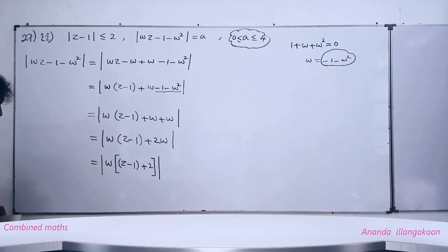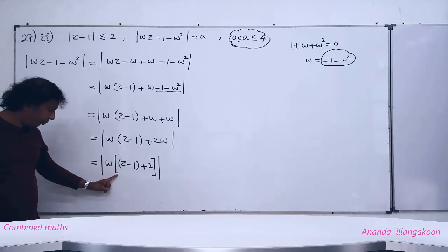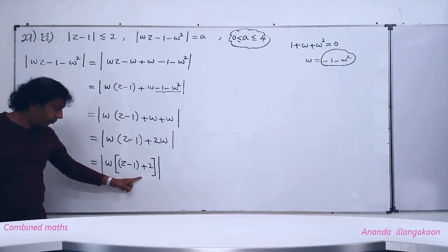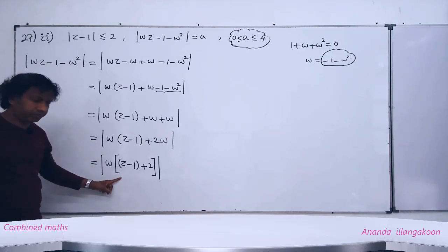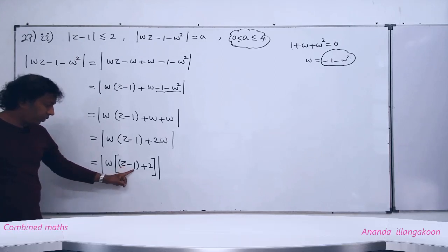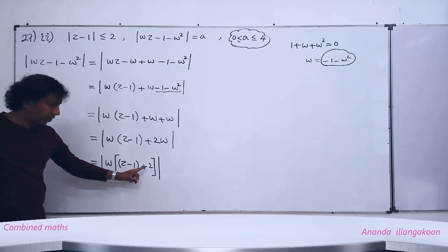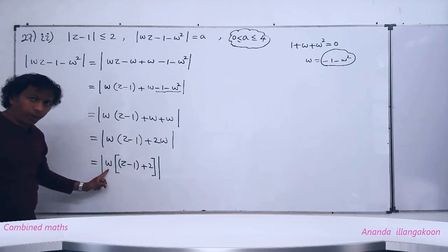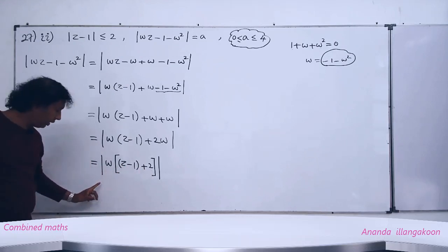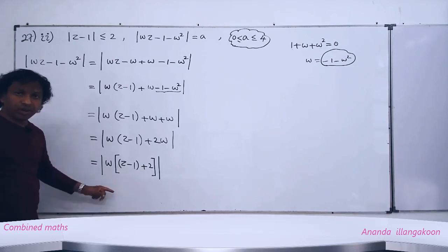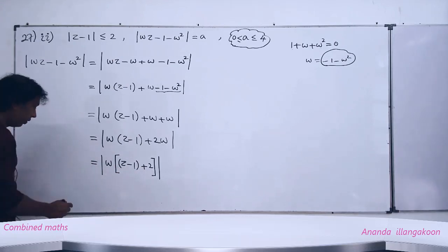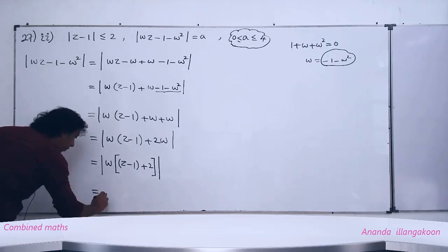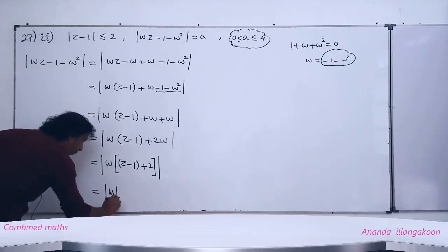People, now you can very clearly see, when you consider this whole thing, z is a complex number, z minus 1 is a complex number, and adding to that a real number, this is a complex number. Then here we have the product of these two complex numbers, and only its modulus is needed. The modulus of a product of two complex numbers we can write as a product.